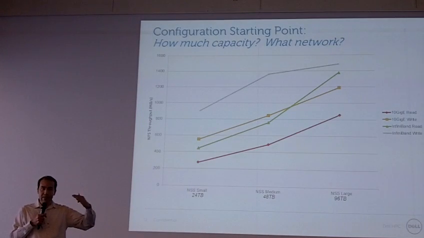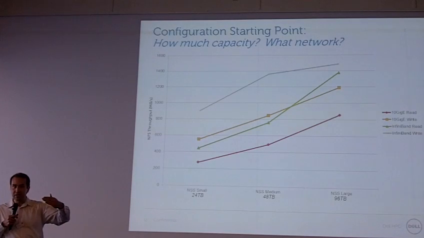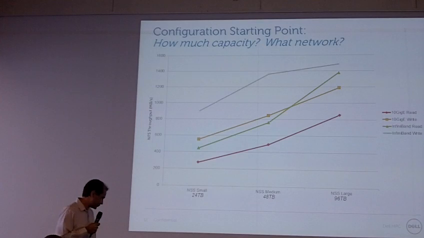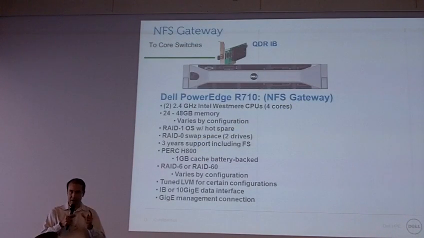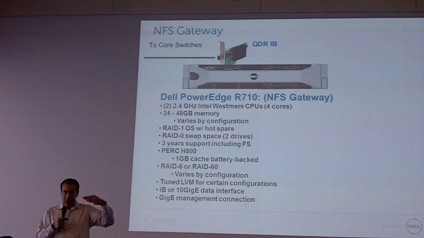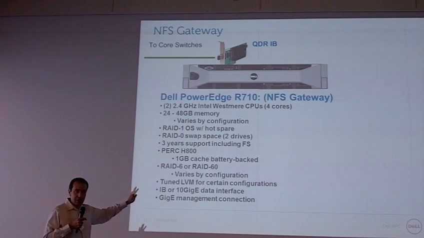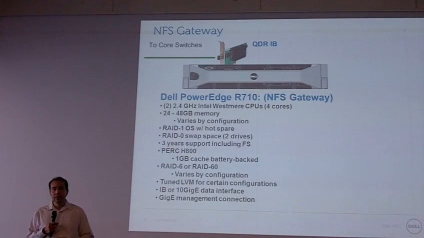But there is a balance. Basically, you cannot create too many NFS daemons, or you start hurting your write performance. So it's not necessarily the RAID. If you look at the actual device, if you do the benchmarking on the NFS server directly to the storage, you see different numbers, different characteristics.